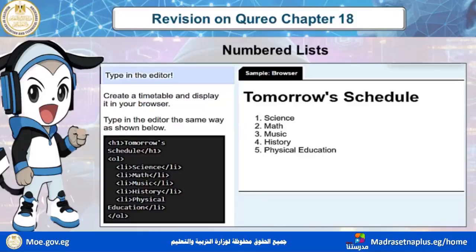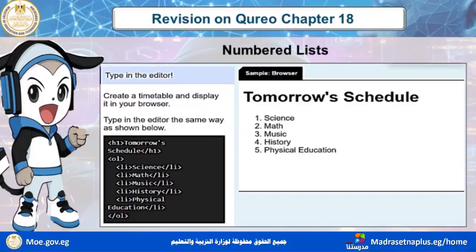Now it's time to write the list. Because this list uses numbers, we have to write first between the angle brackets OL. OL refers to ordered list. So the browser here will understand that it has to write numbers.